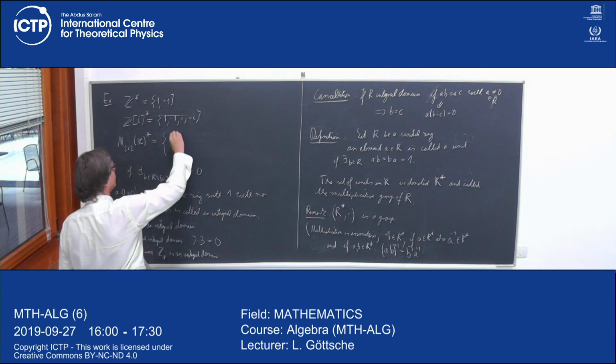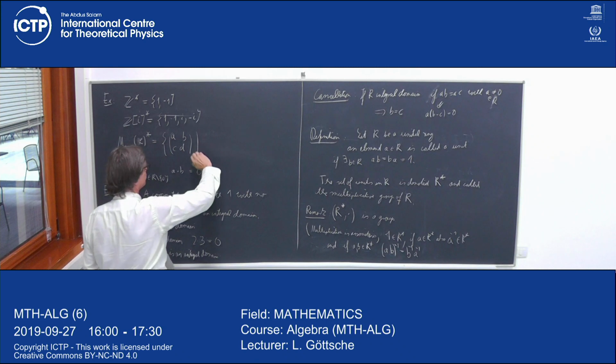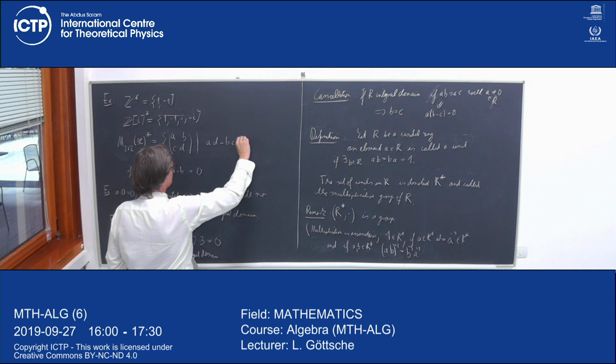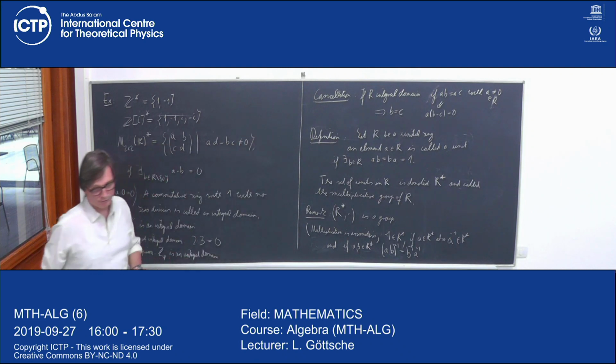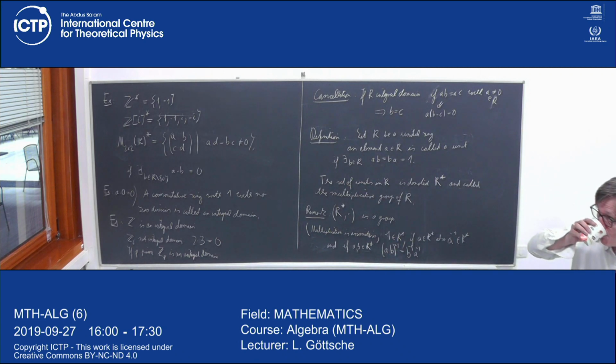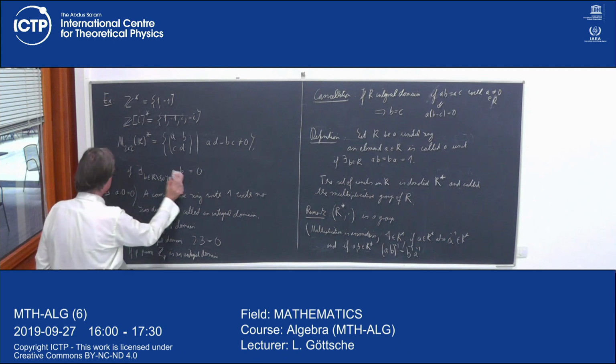So A, B, C, D, with AD minus BC not zero. Then the matrix is invertible. Okay, so this was something very simple.